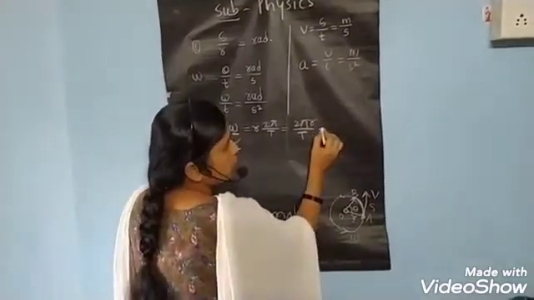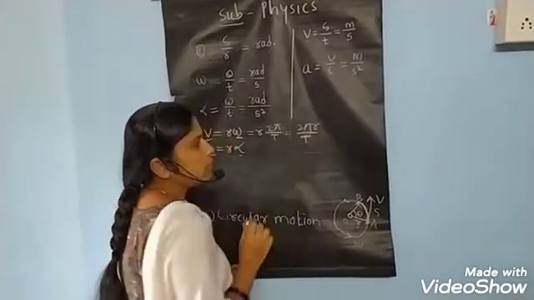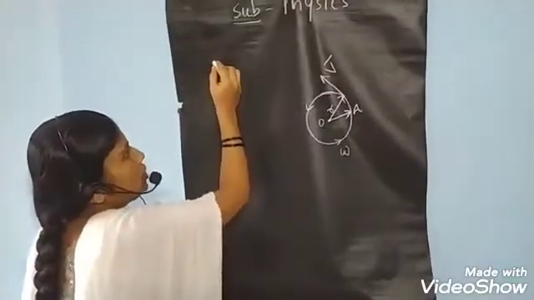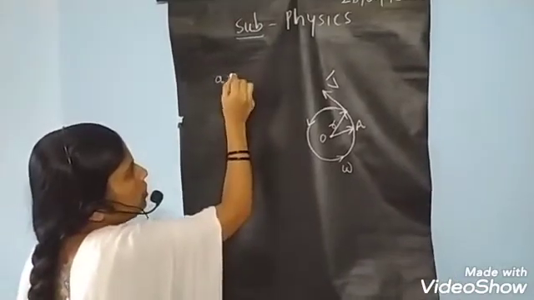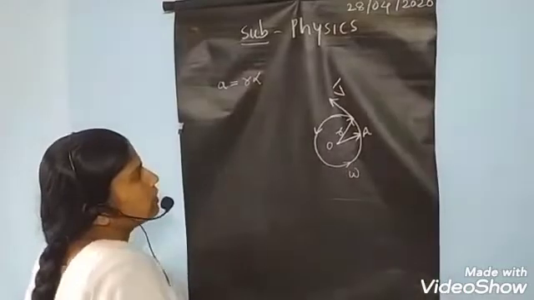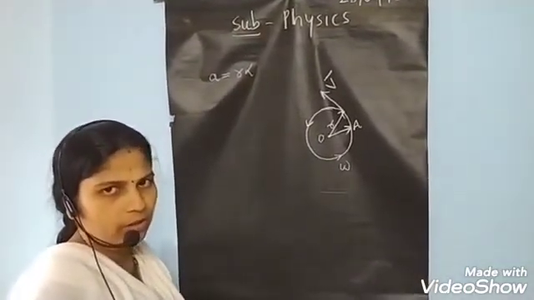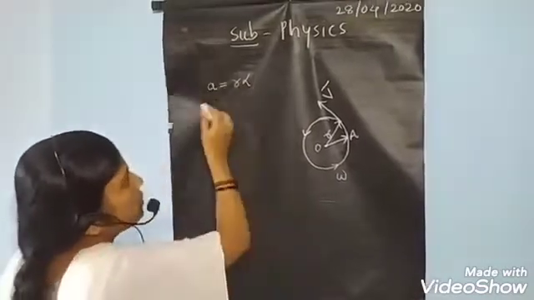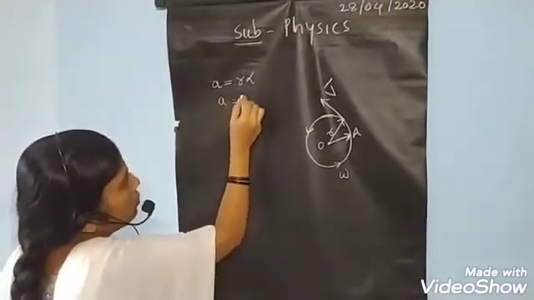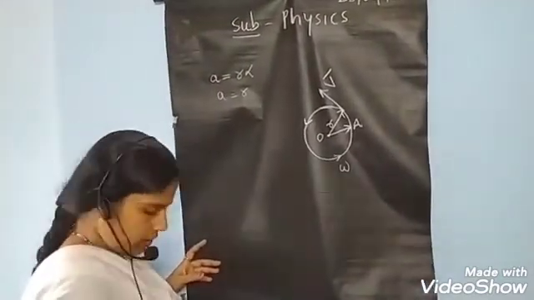We write this equation in one more form, 2 pi r upon t, 1 by t. A relation between linear acceleration and angular acceleration is given by r alpha, where alpha is angular acceleration, whose unit is radian per second square. We write this equation as a is equal to r alpha, which is equal to r omega upon t.